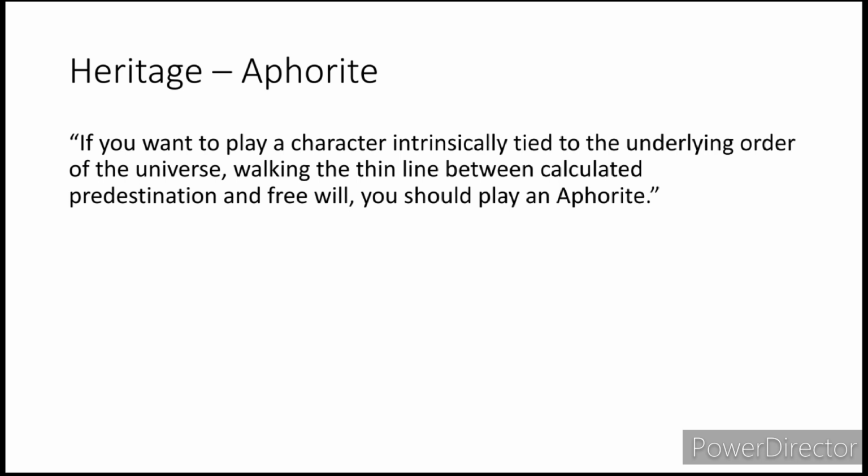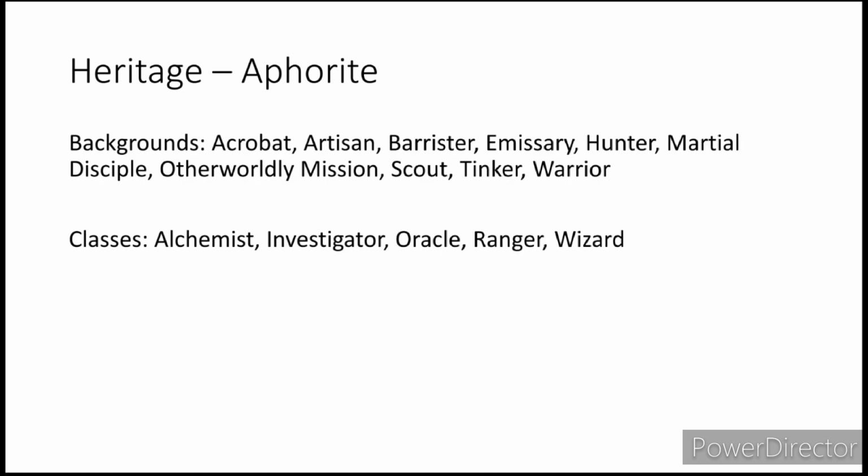Imagine an automaton with an Aphorite heritage, and there's a glitch in their system, and they don't have the same morality as other Aphorites. Or maybe every so often their system glitches out, and they strike out against other law-abiding citizens. Again, these things need to be taken into consideration when creating your character.